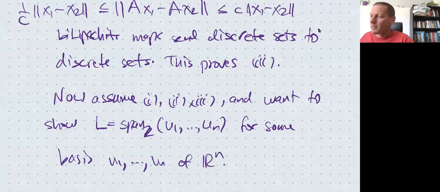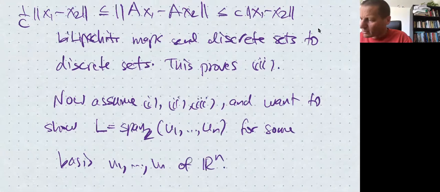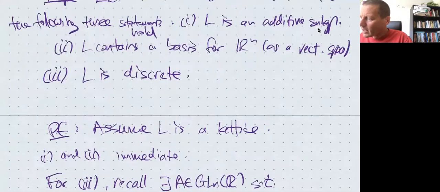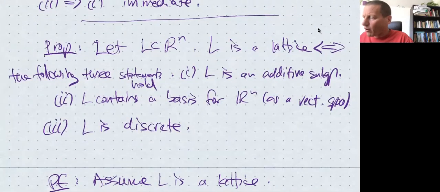Okay, let me show you 1, 2, and 3 again, just so you remember what they are. So what we know about L now is that it's an additive group. It contains a basis for Rn, so there's a subset, a basis for Rn that spans Rn as a vector space, but doesn't necessarily span L over Z. We don't know that it spans L over Z, and we do know that L is discrete.